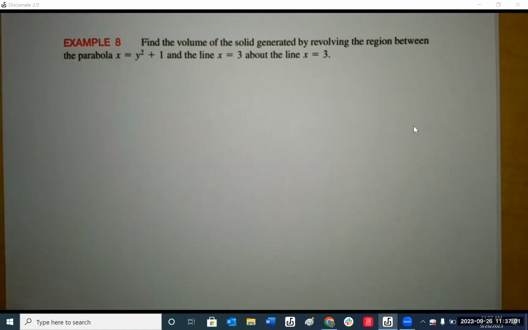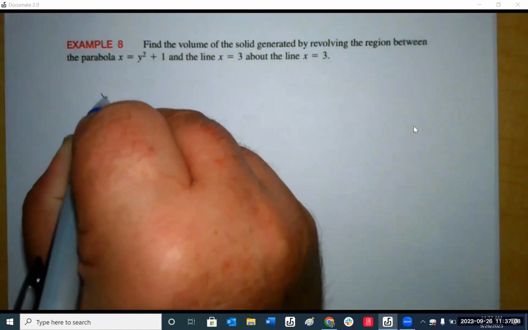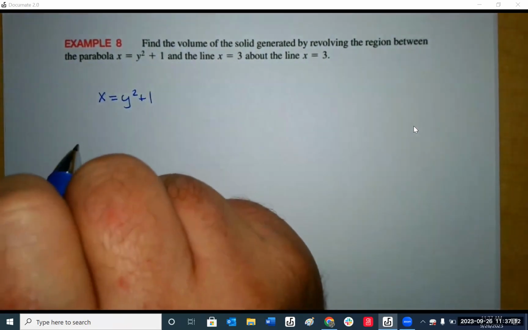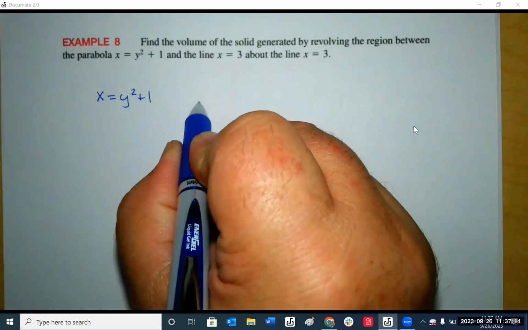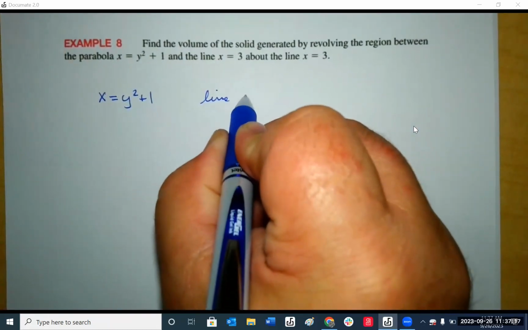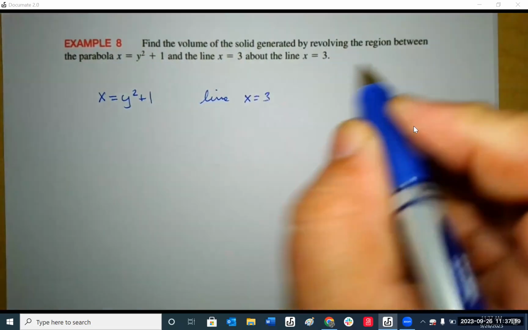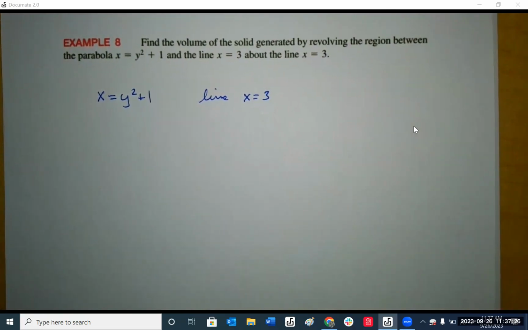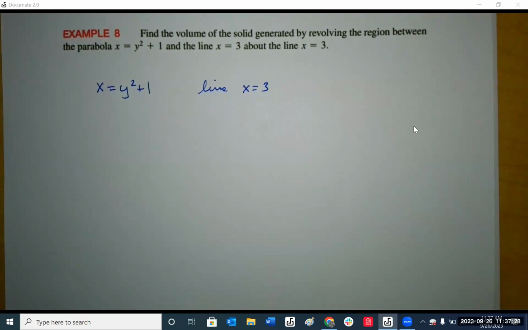Find the volume of the solid generated by revolving the region between the parabola x equals y squared plus 1 and the line x equals 3 about the line x equals 3. What's the graph going to look like?